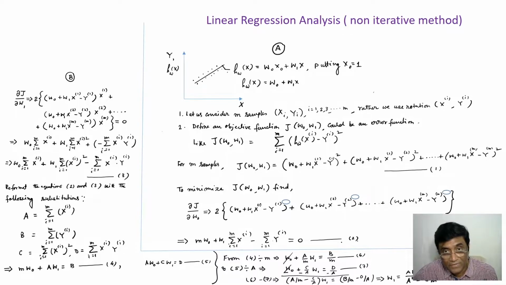I always prefer, so take a pen and pencil, I always prefer to make proper substitution so that you will not make any mistake. Okay, so you can substitute, because they are constant.